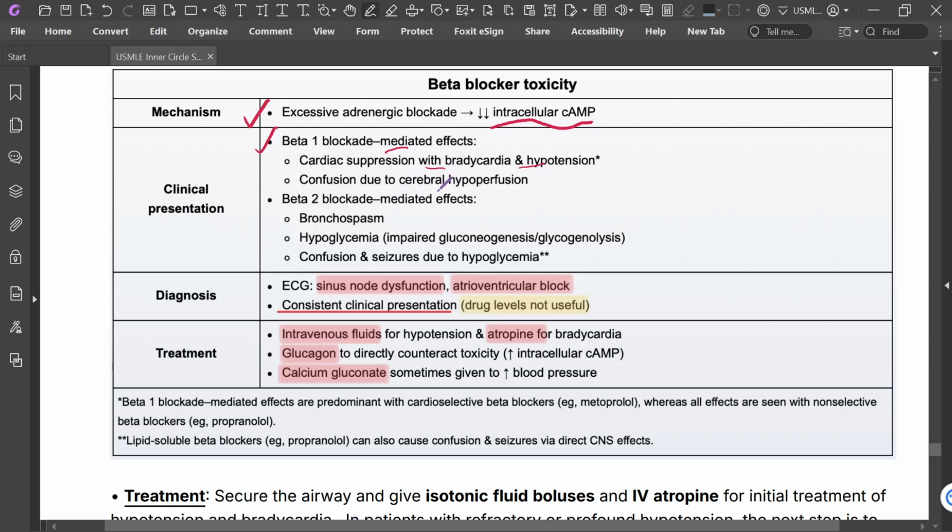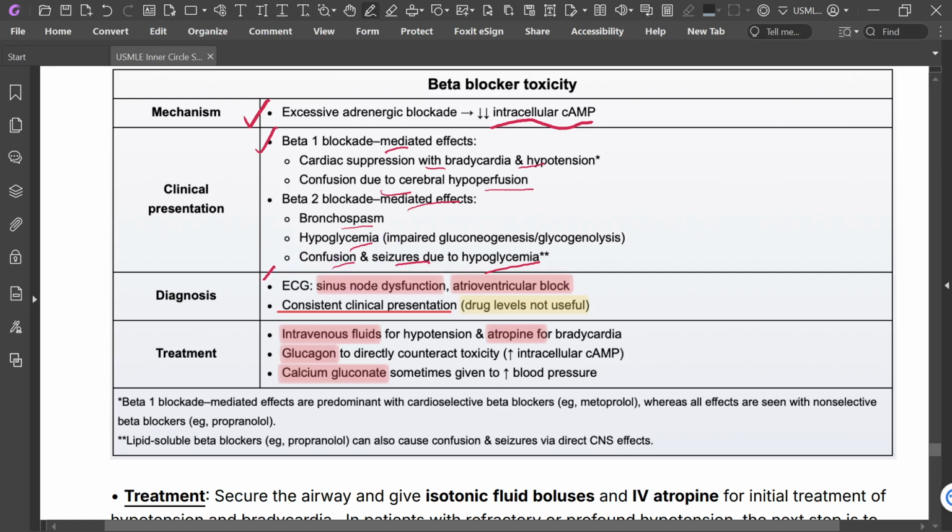There may be confusion due to cerebral hypoperfusion. Other beta blockade mediated effects: bronchospasm, hypoglycemia, confusion, and seizure due to hypoglycemia.